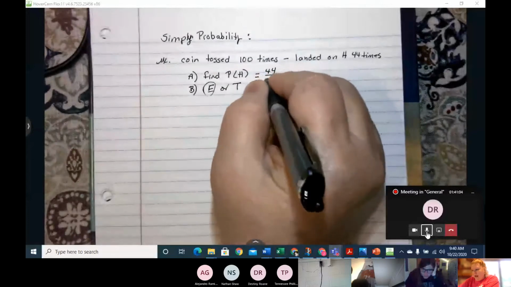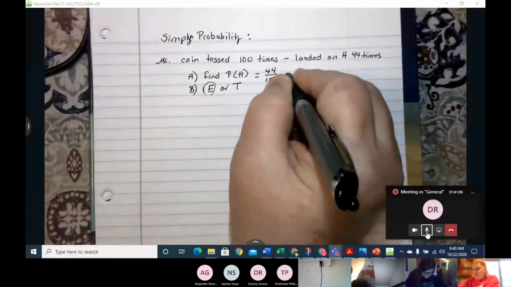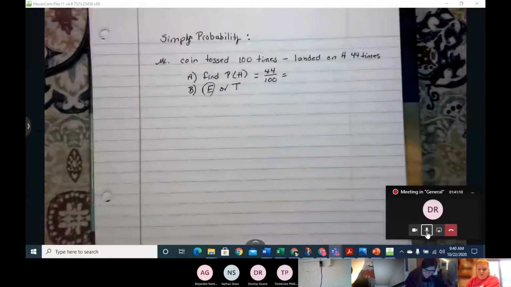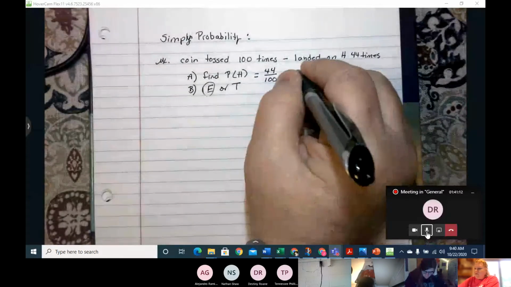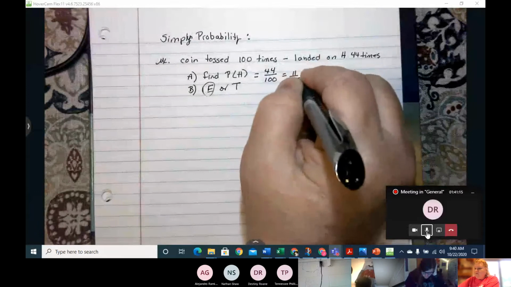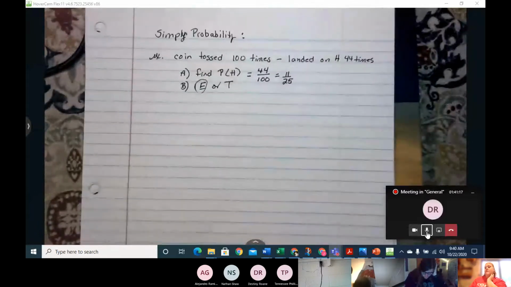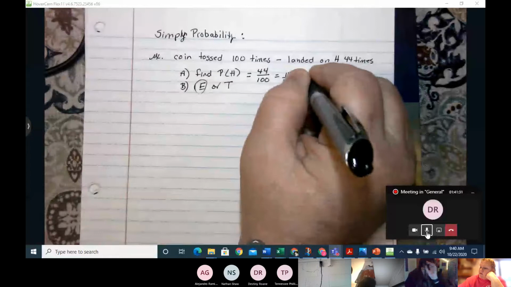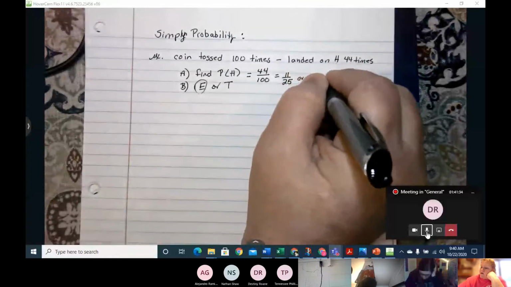So 44 out of 100 reduces to 11 over 25. Now we said we can also write a probability as a decimal. So what would that be as a decimal? How would you find the decimal? You would divide 11 by 25 would give us the decimal 0.44.